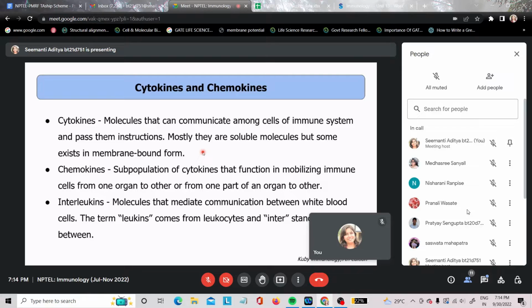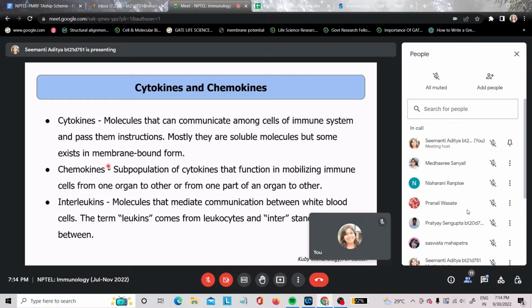Complement proteins are inactive proteins, and they are cleaved into a soluble portion and an insoluble portion. The soluble portion that it is cleaved into, those molecules can act like a cytokine and can induce signaling and also inflammation. So all these molecules are soluble molecules, and they are important for communication between the cells.